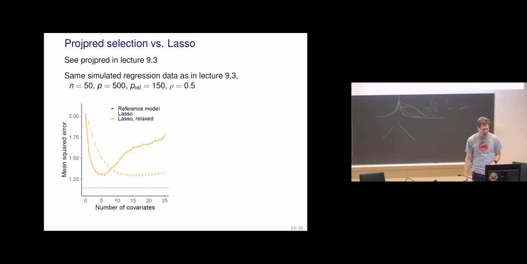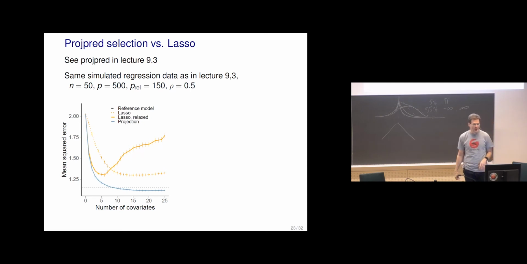Here's the relaxed model. We can actually get a bit smaller models because now we are not shrinking the relevant variables that much. But still, we can't reach the full Bayesian reference model, even if we can get to smaller models.